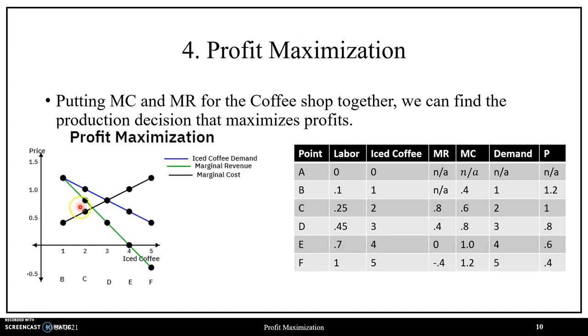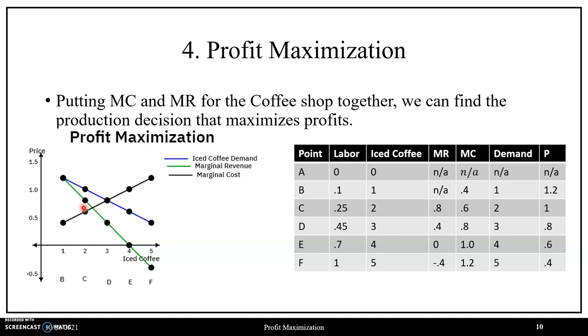looking at points B and C, we see that marginal revenue is strictly above marginal cost, so additional money flowing into this firm is greater than additional money flowing out of the firm due to their additional amounts of production using additional amounts of labor. So at these points B and C, this firm has incentive to produce more in order to generate more money.